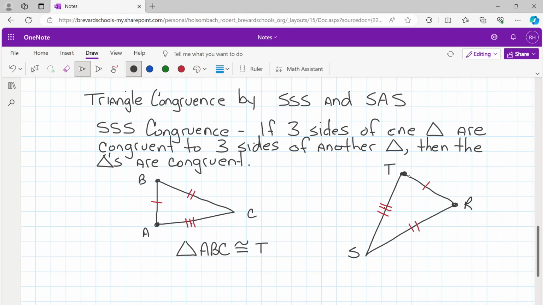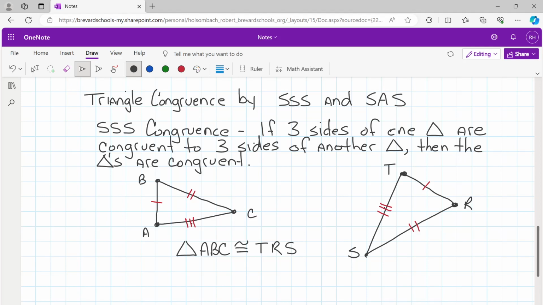Now, since we're talking about the side with 2 tick marks, our only other option for our second vertex is the R. And since we used ABC, this side BC from B to C goes across the 2 tick marks. So we need to go across 2 tick marks on the right side. So we're going R to S.